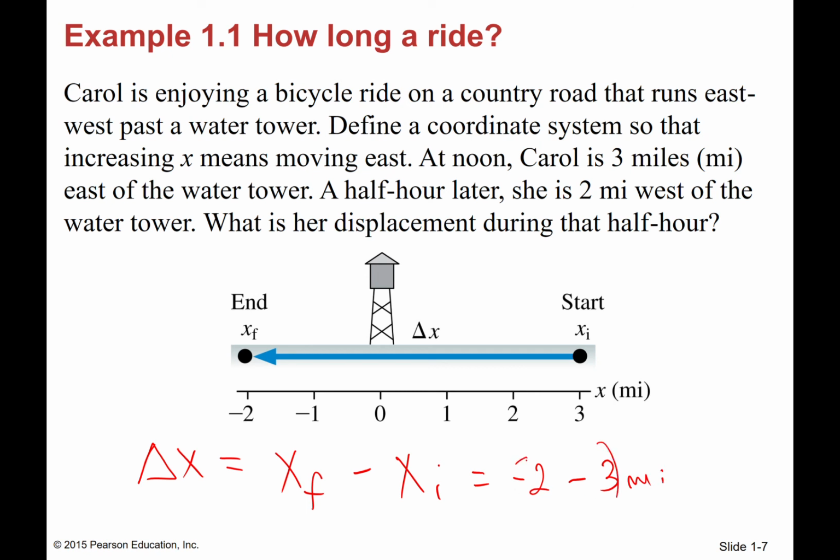And all this gives me minus 5 miles. So the displacement for Carol is this whole thing, which is minus 5 miles. The distance that she covered is 5 miles, but the displacement is minus 5 miles.